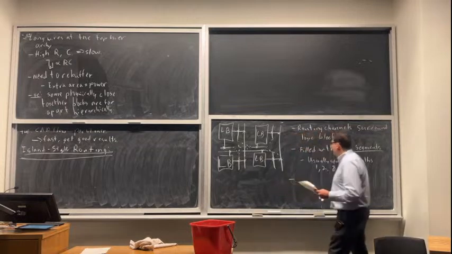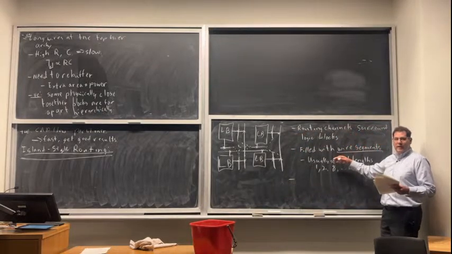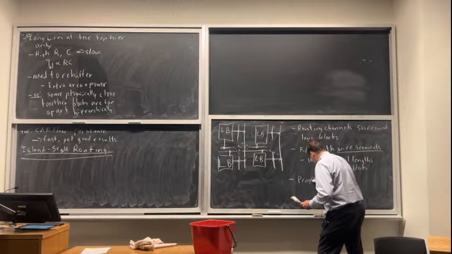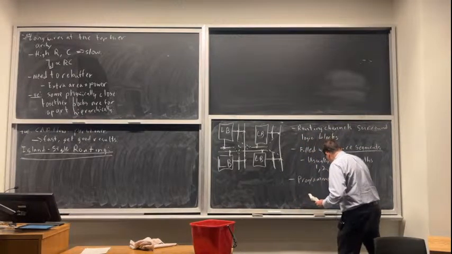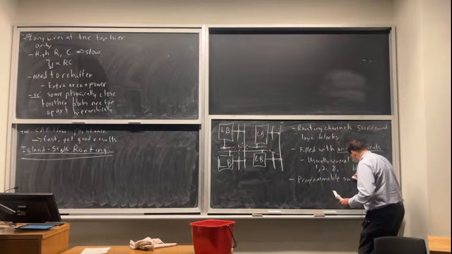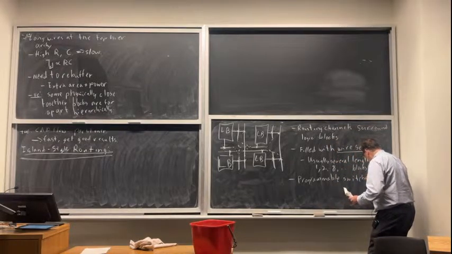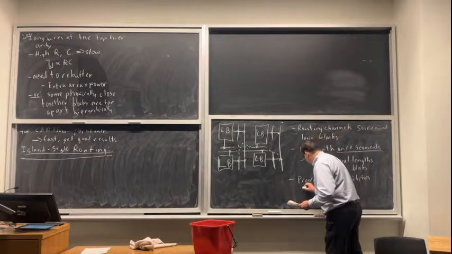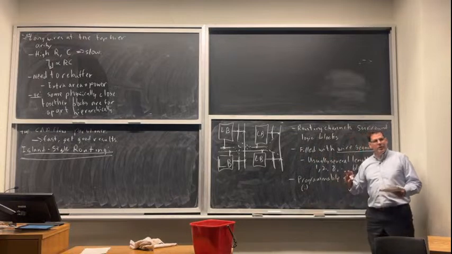Okay, and then the last thing, so we've got these channels. The channels have wire segments in them, and the last thing we have is these programmable switches. We have 2 types, so they serve 2 purposes.